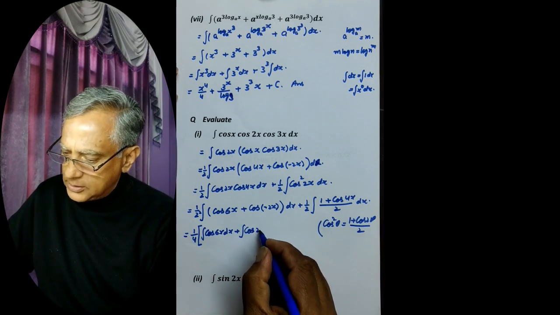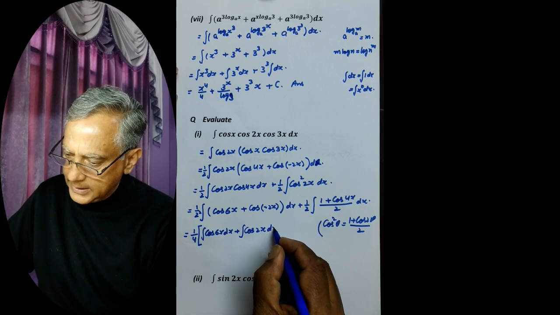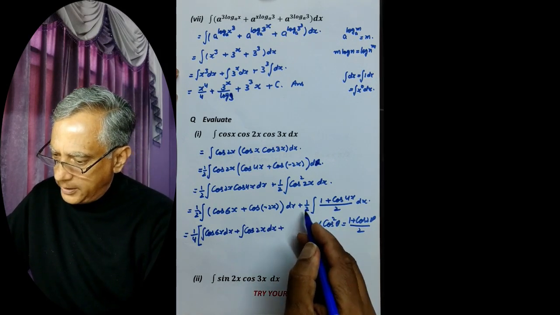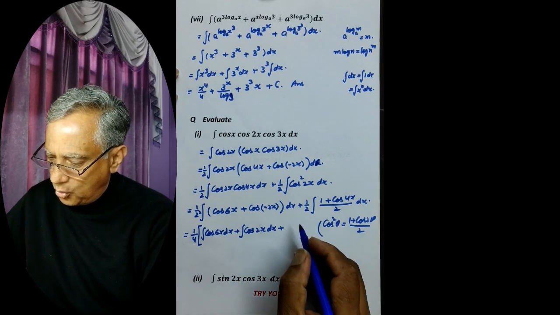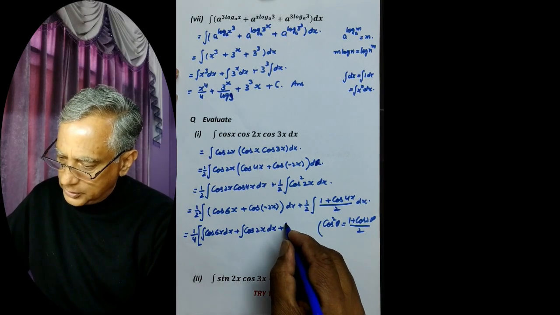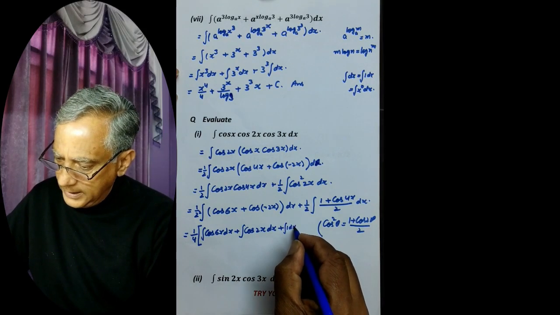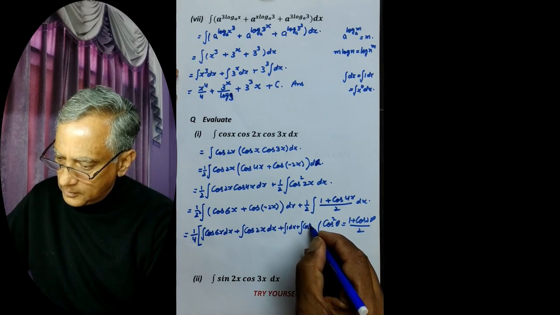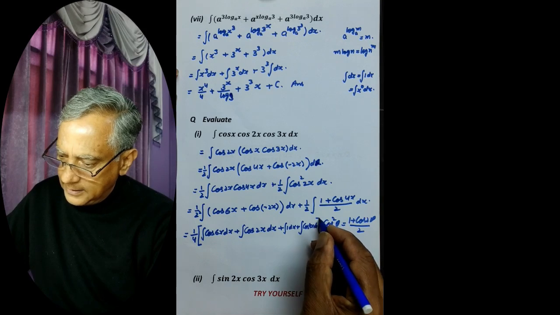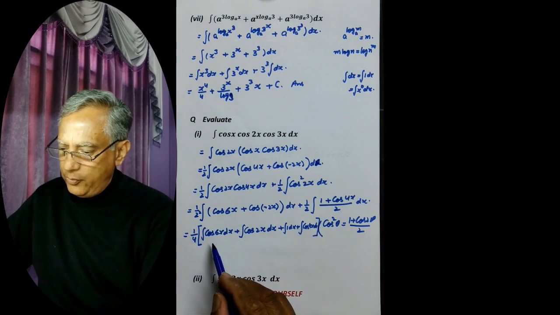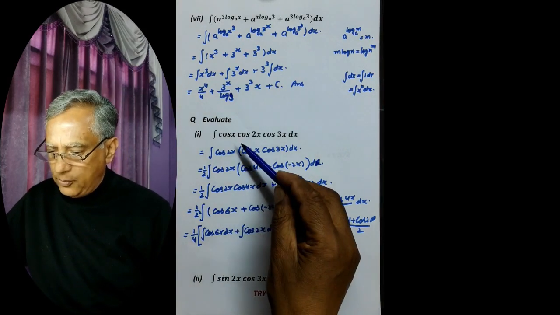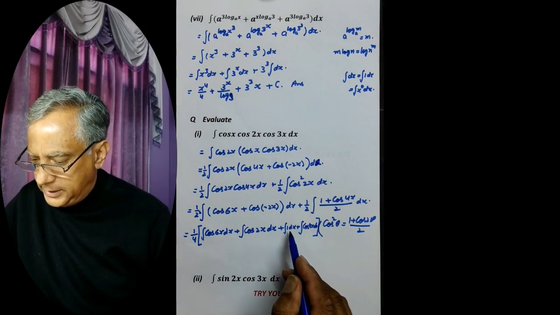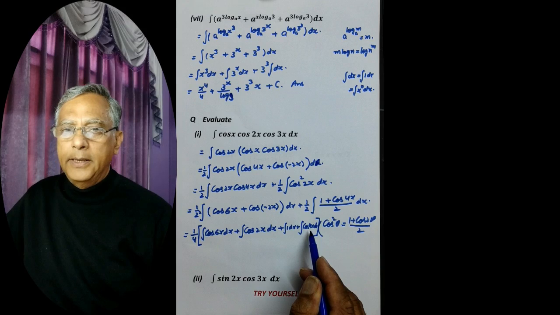Cos of minus 2x is cos of 2x. 2x dx plus 1 by 2 and 1 by 2. This is 1 by 4. We have taken 1 by 4 common. So this is integral 1 dx plus integral cos 4x dx. So what we note is that we have converted this question into these 4 terms.